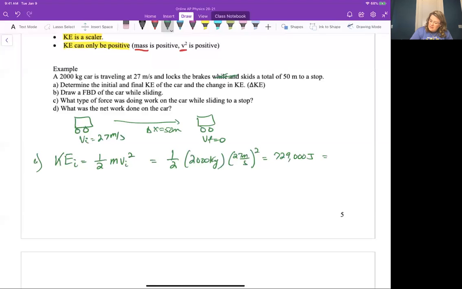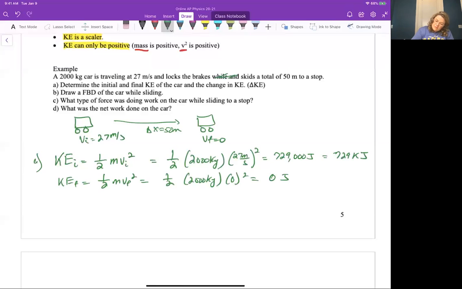Another way to write that is 729 kilojoules. Kinetic energy final is equal to 1/2 m v final squared, which is 1/2 times 2,000 kilograms times 0 squared, so 0 joules.